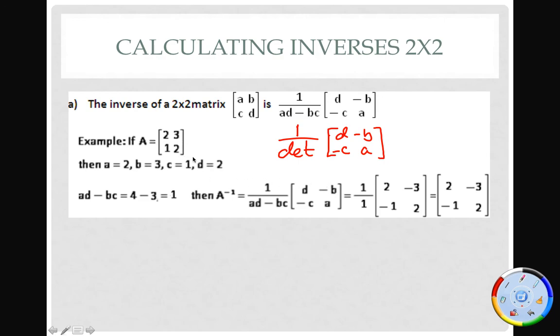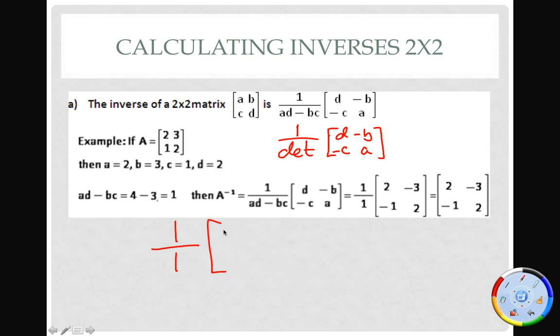So if you look at the example that was given here, the matrix 2, 3, 1, 2, you can do it this way if you'd like, if you just pick out the pieces A, B, C, and D. But if we look at this, what's the determinant of matrix A? Well, the determinant is 4 minus 3, which is 1. So here I get 1 over the determinant, which was 1, times the matrix.